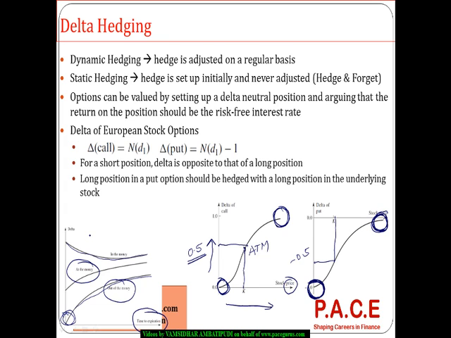So if it is already in the money, the delta is much higher, but with too much time to expiration, the delta can keep falling. These are important relationships we need to be comfortable with with respect to delta hedging.